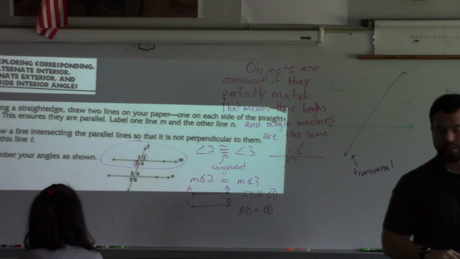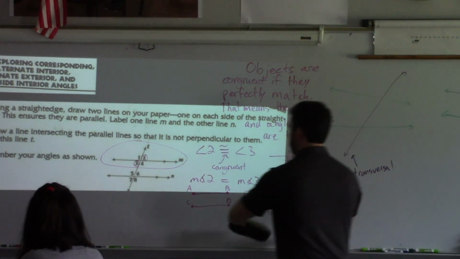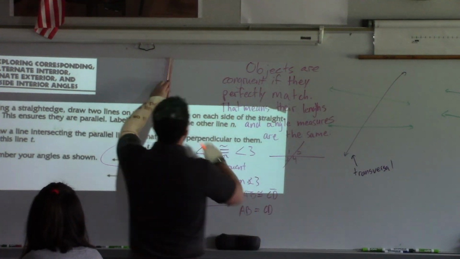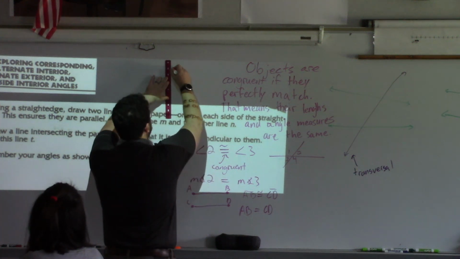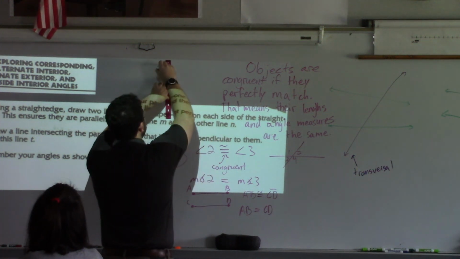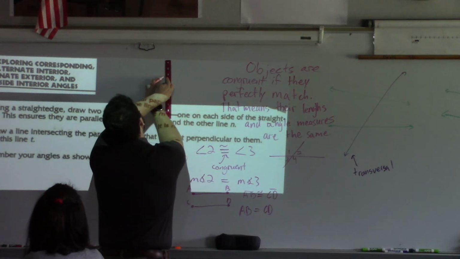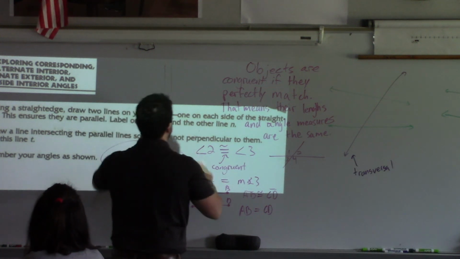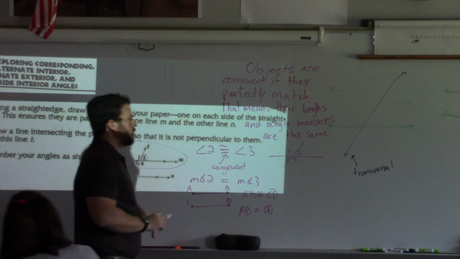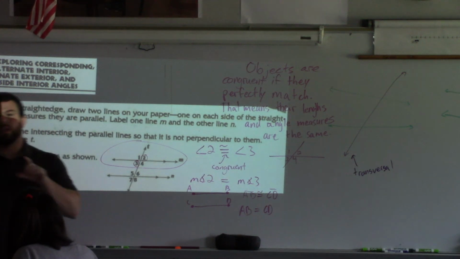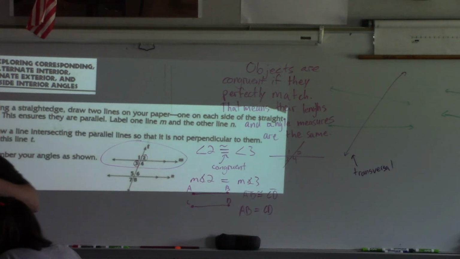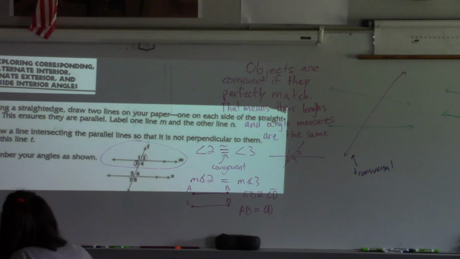You're going to take the ruler and draw a line on either side to make sure that they are parallel. Now, what I want to point out to you is, there is a symbol in mathematics to show that things are parallel to each other, even if it doesn't necessarily look perfect.